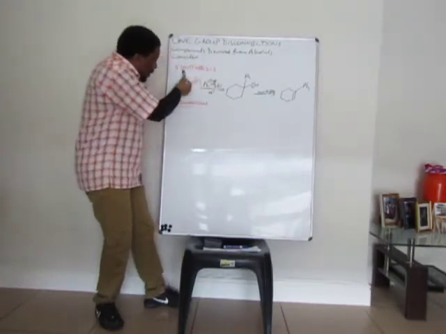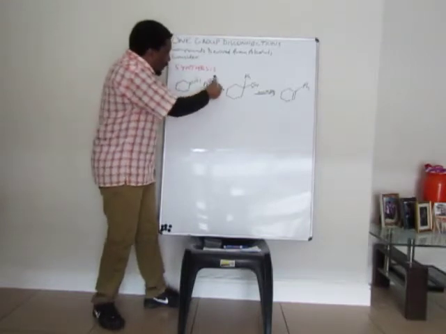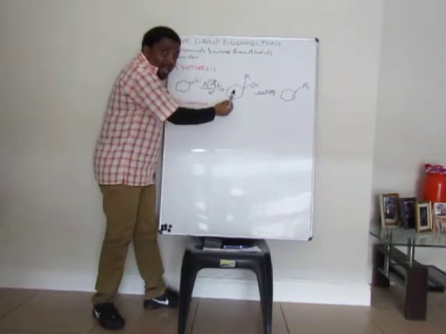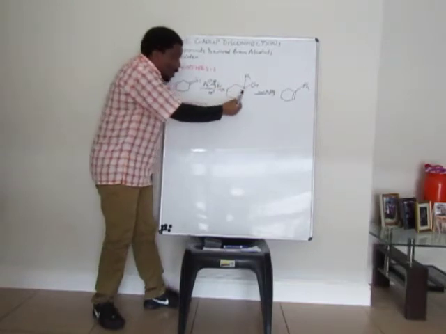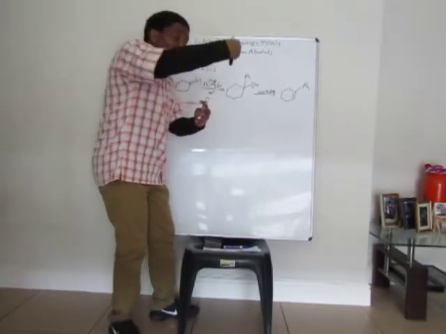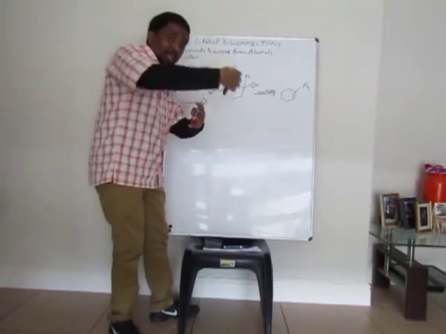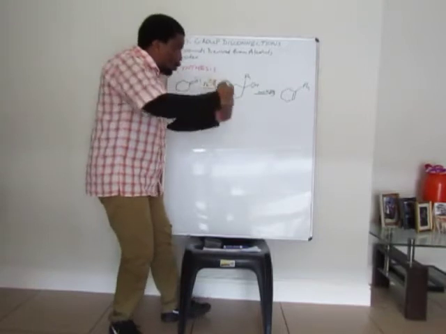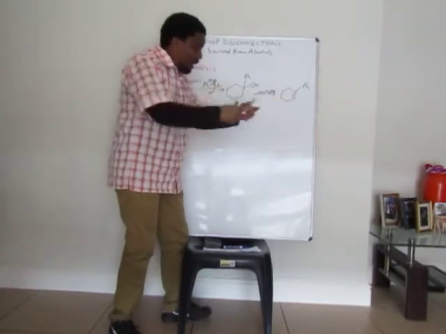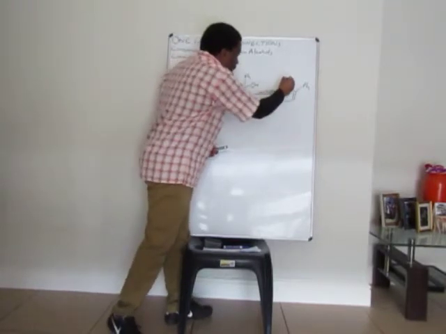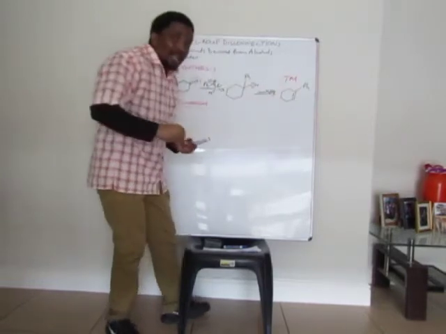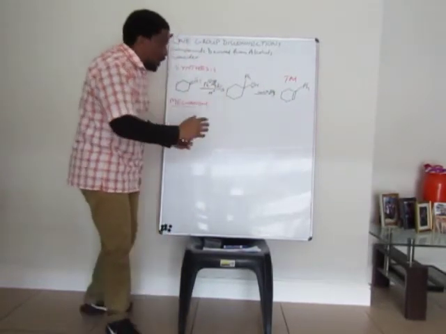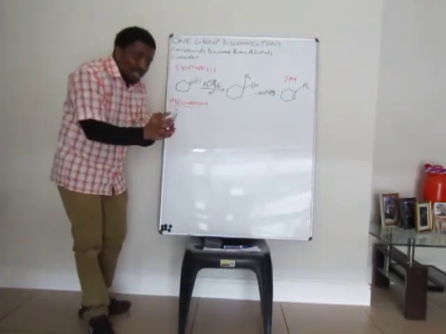We will reassemble these to generate an alcohol. Then the alcohol, we will remove water, that is dehydration, using concentrated H2SO4 to generate an alkene. In this case, we have already seen that it is our target molecule.